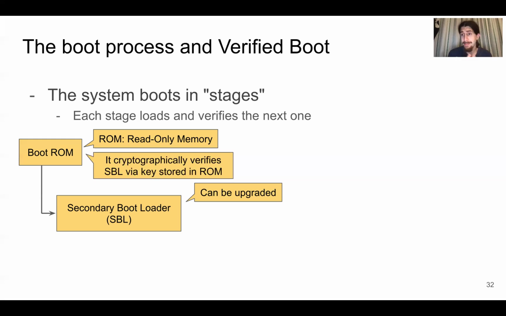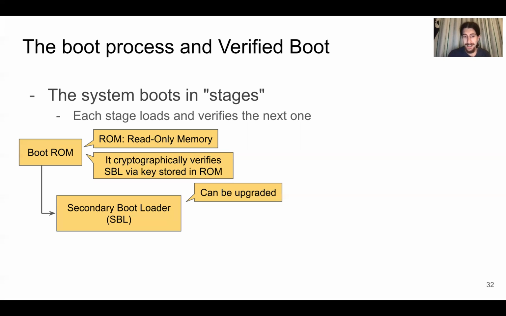It's a public key stored in the boot ROM, and it loads the SBL, and then checks that this SBL has a cryptographic signature, and that this signature has been signed by the private key associated with the public key coded in the ROM. So the SBL you have in your phone is of course signed properly, with the private key associated with the public key that is hard-coded on your device.